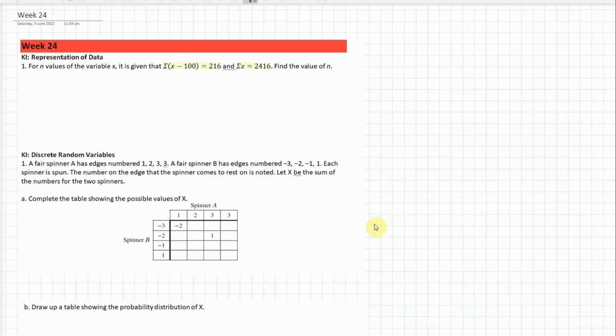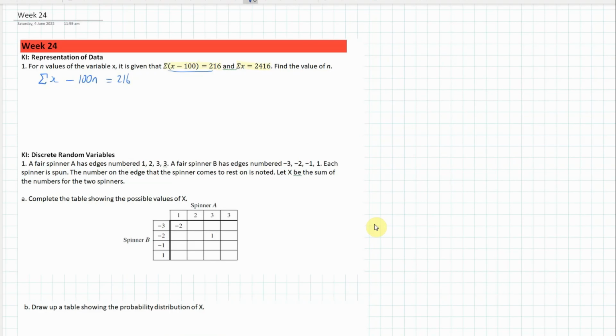Alright, so what this actually means, let's take this first one for example here. The sum of x, and then since there's n lots of data, take away 100n should be equal to 216. That's one of our pieces of information.